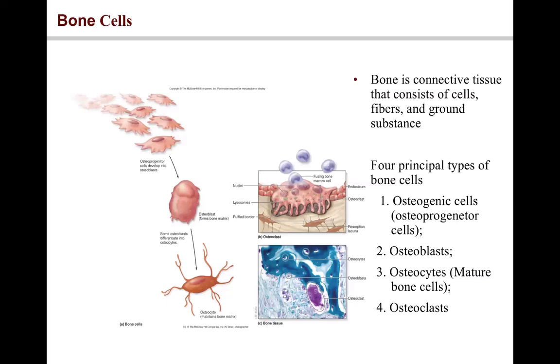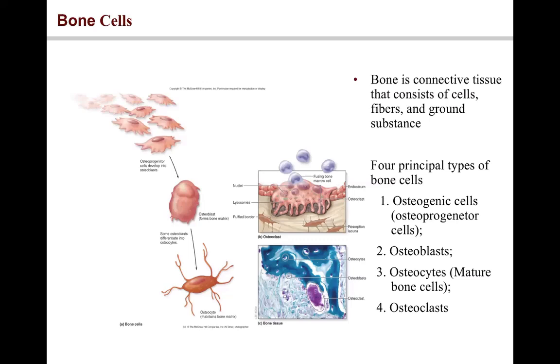These osteoblast cells are equally important. Why? Because they make the matrix. They start making the matrix. The osteoblast cells are also called the bone-forming cells because they make the matrix.